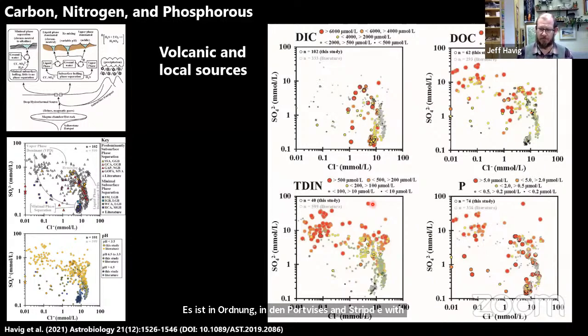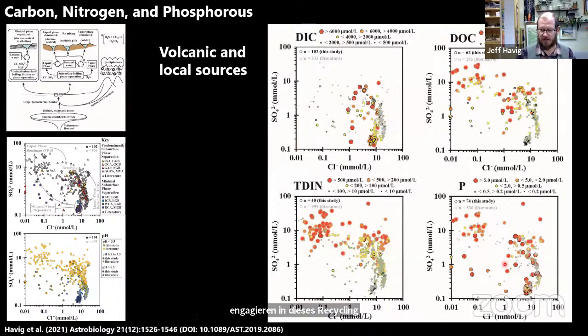And so ammonium gets concentrated in the vapor phase water. And so we get high concentrations of total dissolved inorganic nitrogen as ammonium in these acidic systems. So we have high nitrogen where you have vapor phase dominant systems.